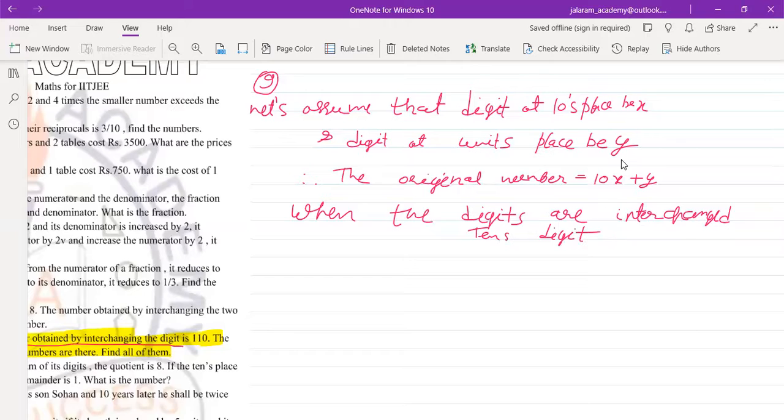That which was the first digit earlier, means y. And what will be the units digit? That which was the tens digit in the previous condition, that is x. And so what will be the new number on interchanging the digits? It will be obtained when we multiply the tens digit by 10, the ones digit by 1 and add them.